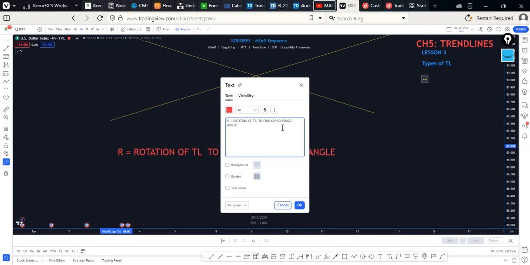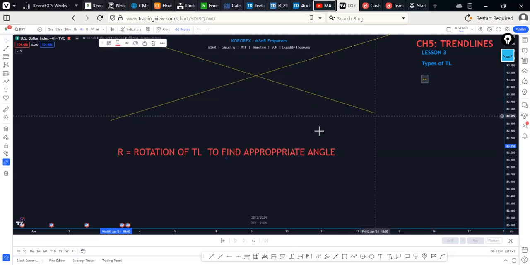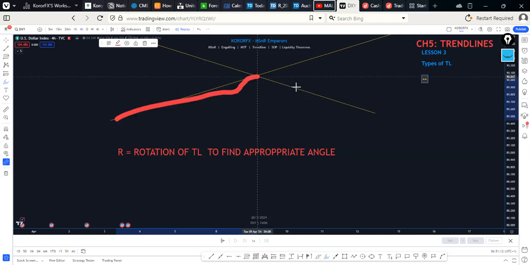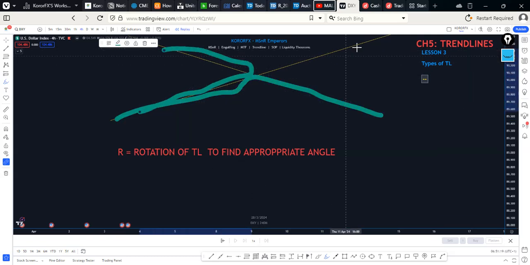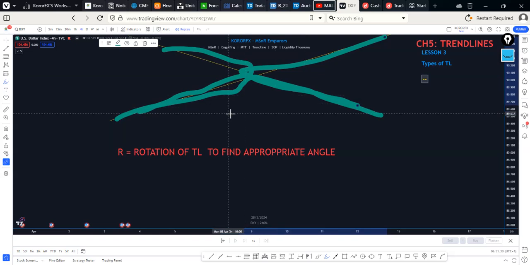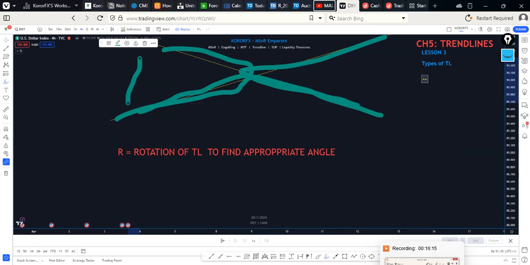So the angle is the x1. So we need the appropriate angle, because the angle is like this one, for example, this angle, all right, or for example this angle, or this angle, the right angle. And the reason why we need these angles is to find out low momentum and also high momentum. So the low momentum will be here. Let me explain it a little bit.